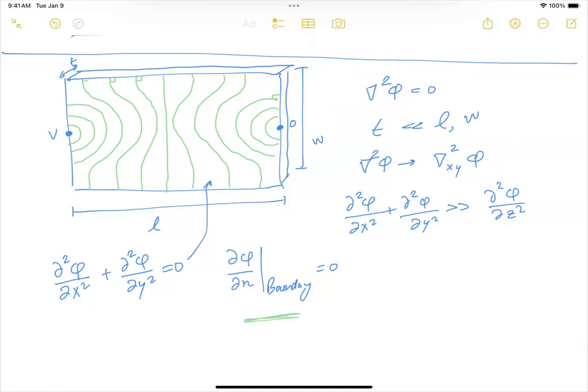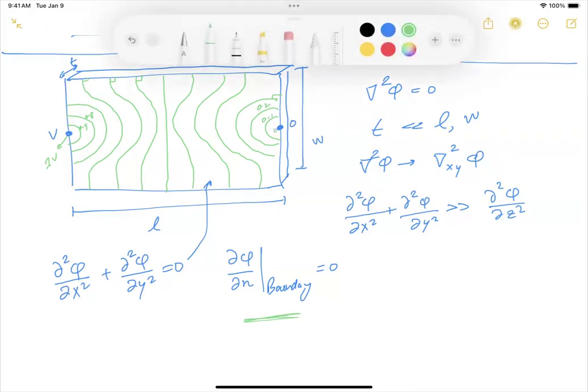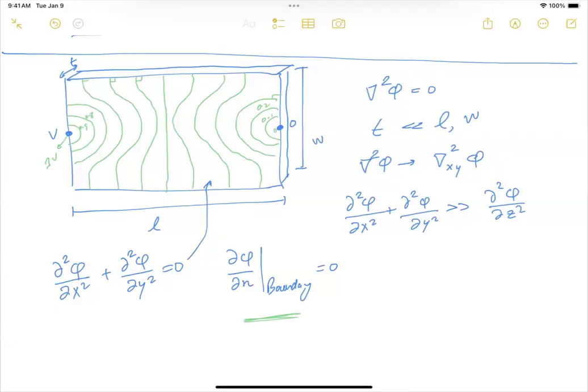And so now, for example, if this V was 1 volt, this could be 0.9, this could be 0.8, and similarly on the other side, it could be 0.2, 0.1, and so on. Now, what about the current density? So I plot the current density in red. Because the current density is proportional to the gradient of the potential, therefore, at every location, the current density must be perpendicular to the equipotential.